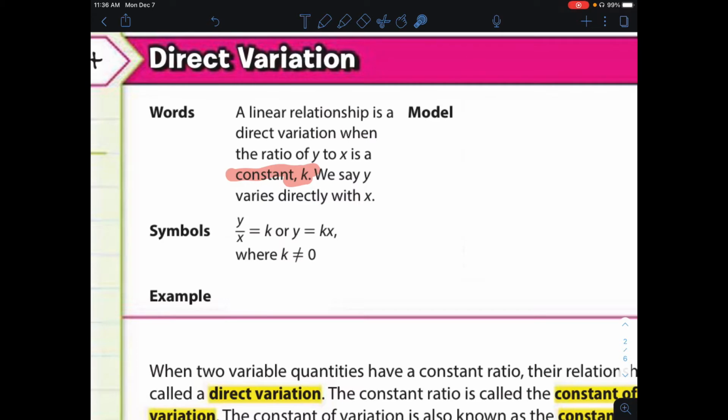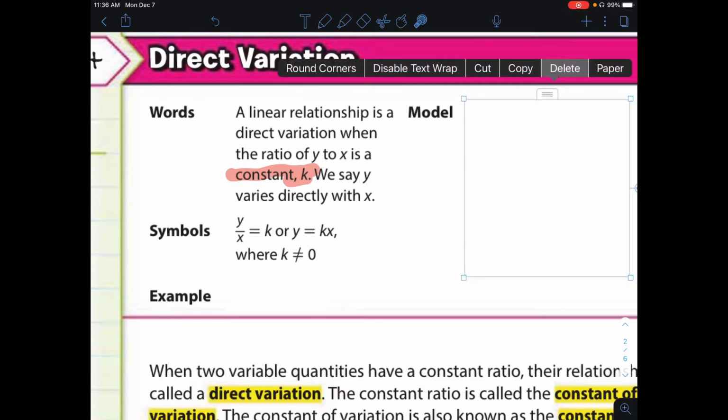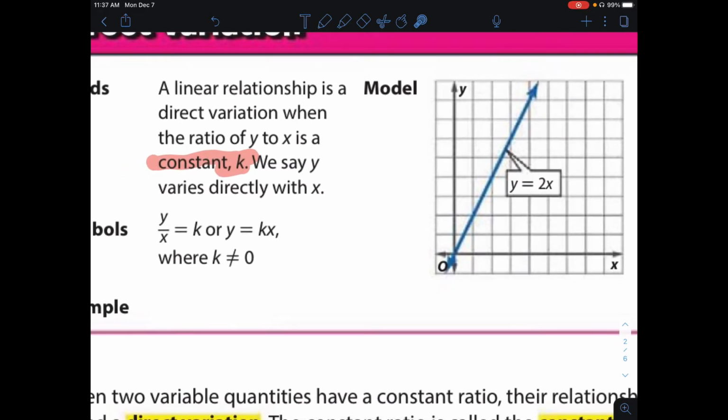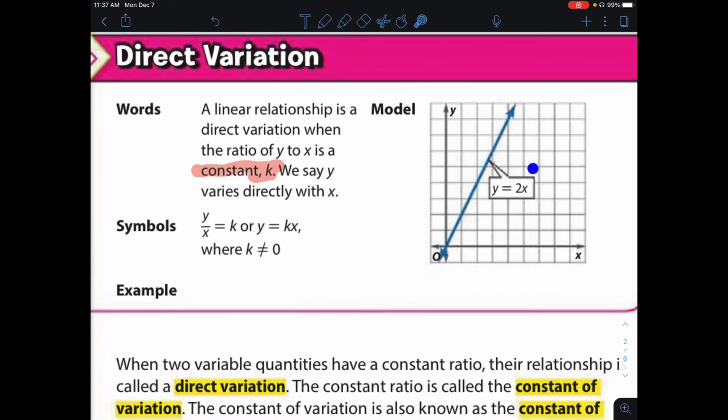So as a model, this is how a direct variation would look like. It's going to be a graph, and if you notice, it is a linear relationship. That means it forms a straight line. And this is your direct variation equation where y varies directly with x. And this is your k right here, which is 2.